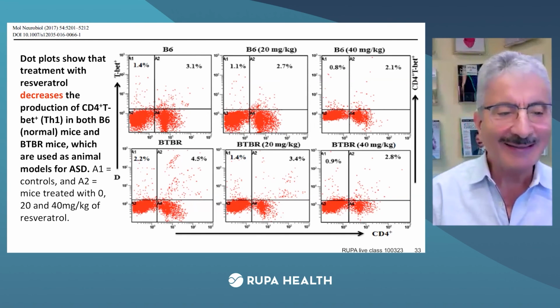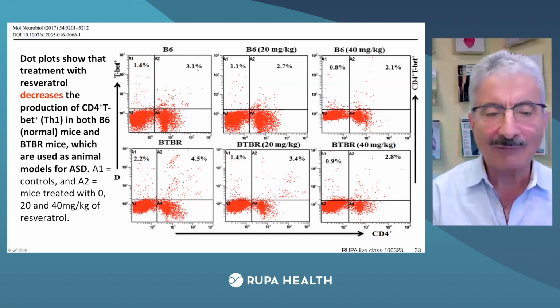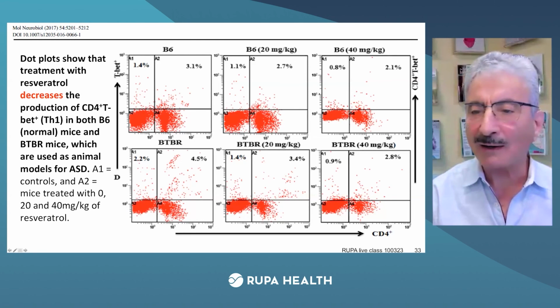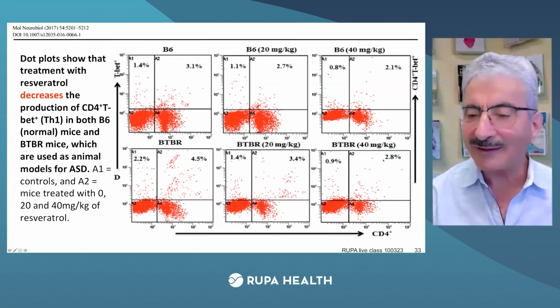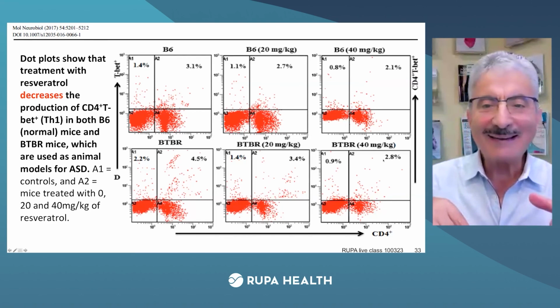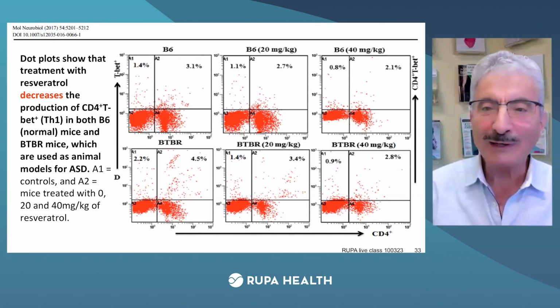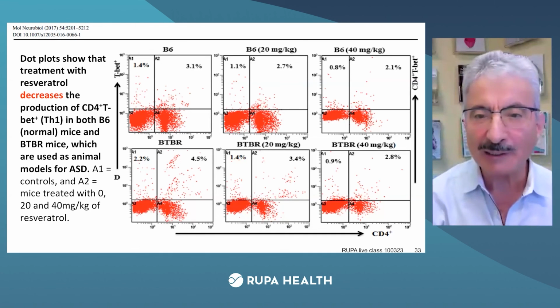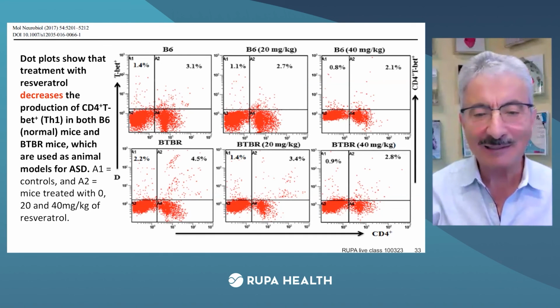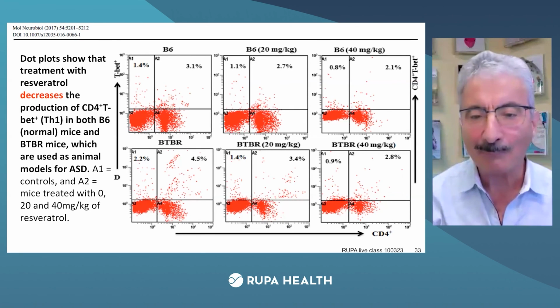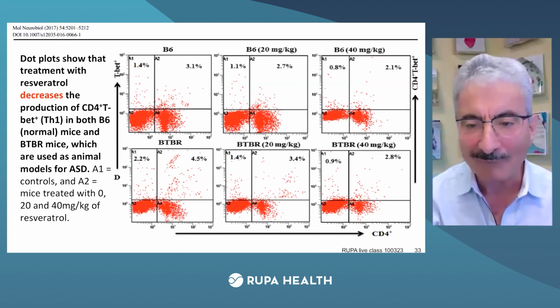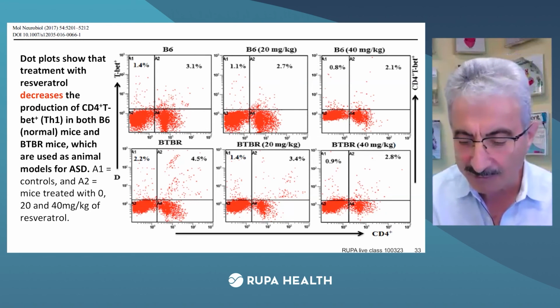So here you see a decrease in the number of T helper 1, from 3.1 to 2.1, from 4.5 to 2.8. If you combine this decrease with an increase in regulatory T cells, this is highly significant, and you can observe that only by comprehensive lymphocyte immunophenotyping offered by Cyrex Laboratories.